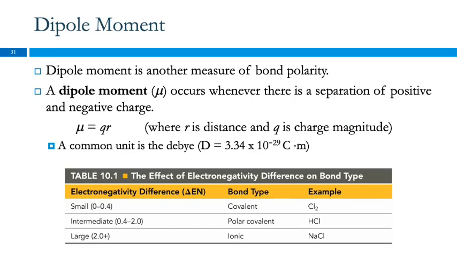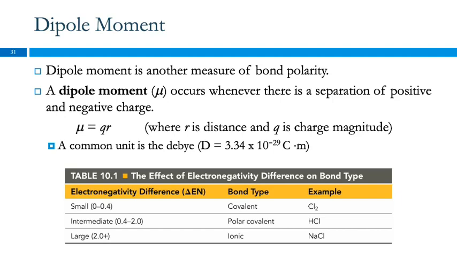Does the magnitude of the difference in a polar bond matter? So is a 1.9 difference more significant than a 0.6 difference? Yes. Dipole moment is how we measure that. You guys are so good at this, leading me into the next topic.